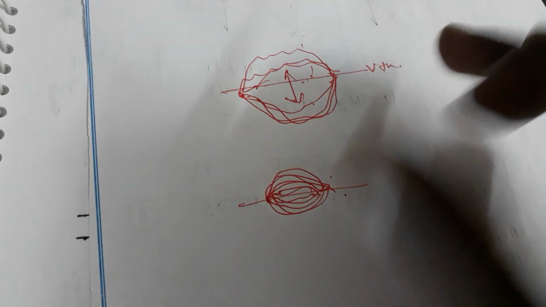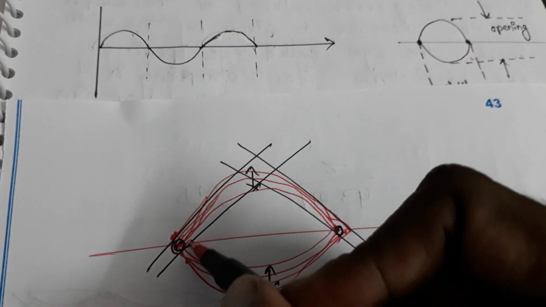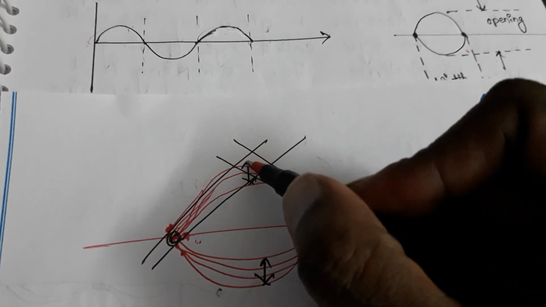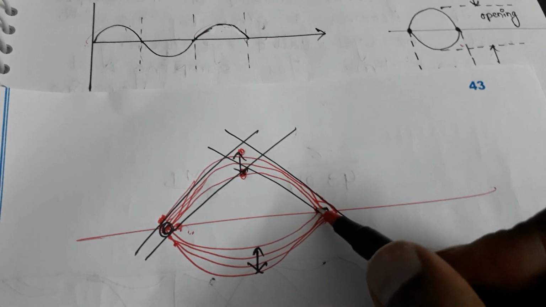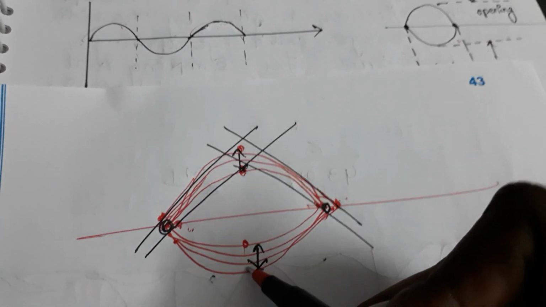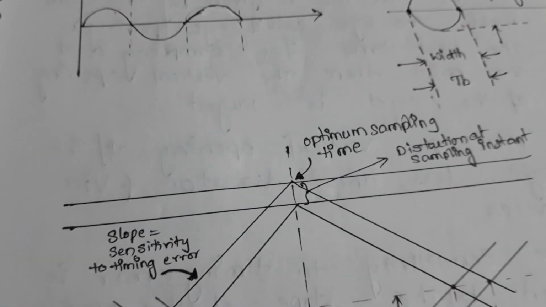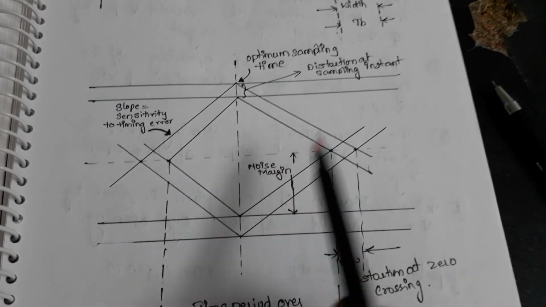One more diagram I have shown to you. See here, I have represented this. Can you find this edge and this edge? Because of the top of the signal and bottom of the signal, this portion and this portion of the signal are overlapping. The same thing is represented in the form of a diagram.